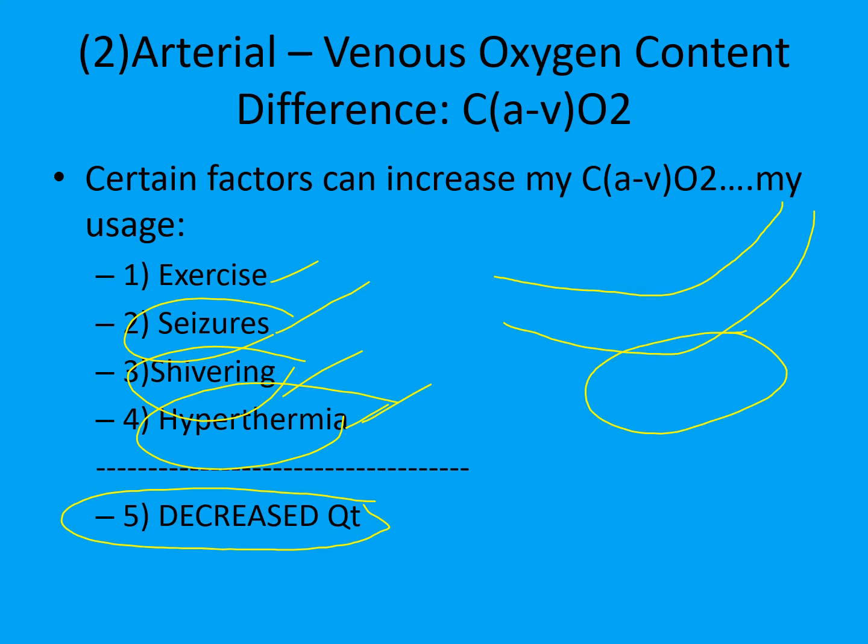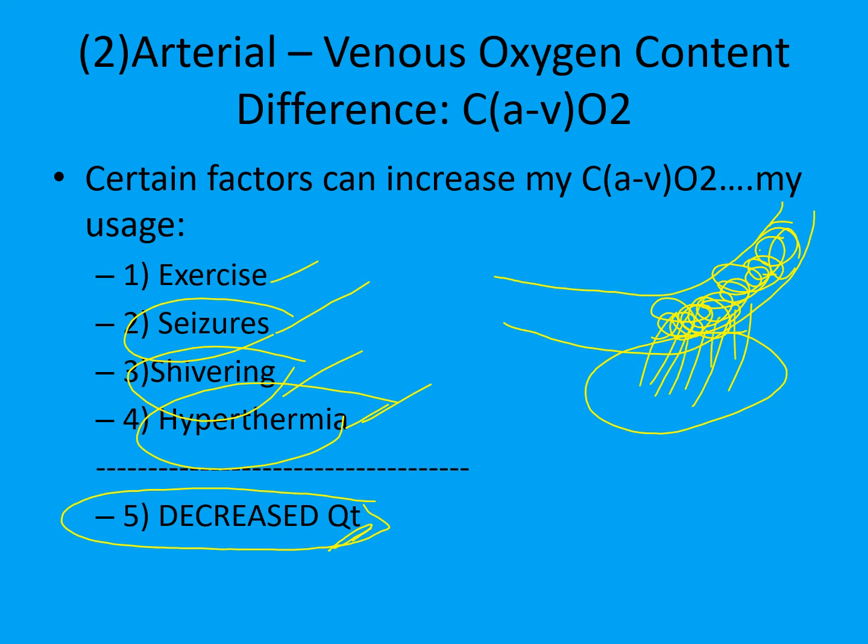If not, go back and watch those. But when we're looking at the tissues, the longer the dwelling time, in other words, the lower the cardiac output and the lower the blood pressure, the longer that blood spends going to that tissue. The longer it spends there, the more oxygen the tissues are going to extract.